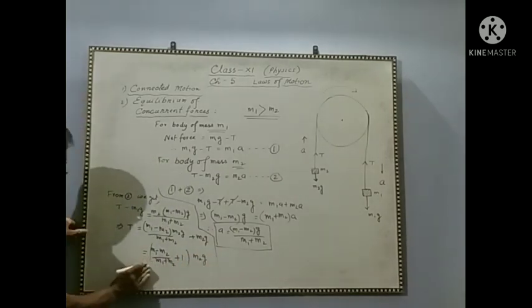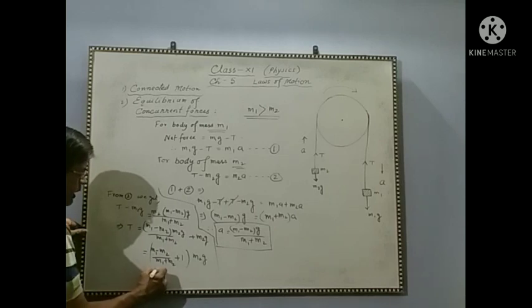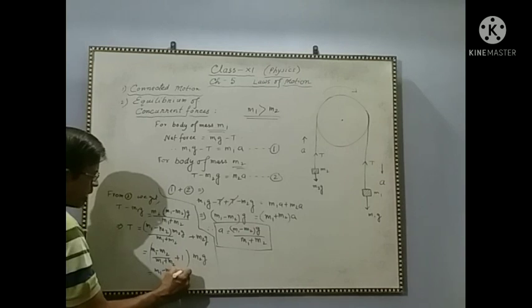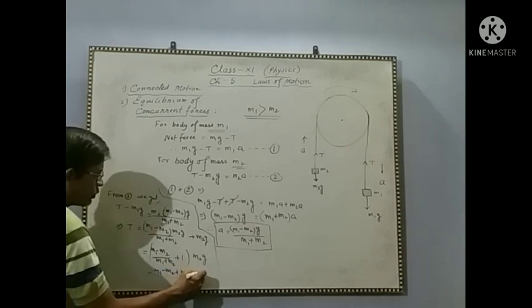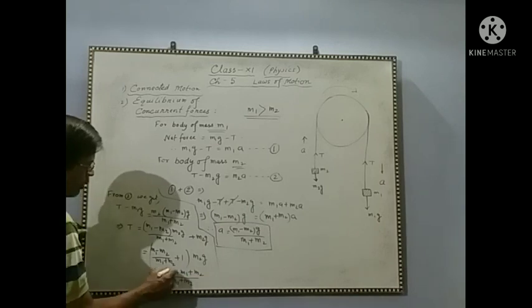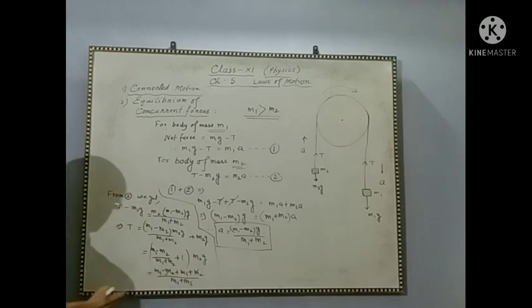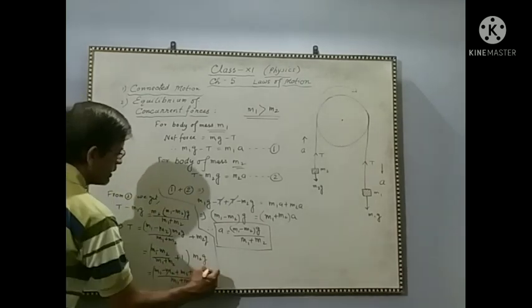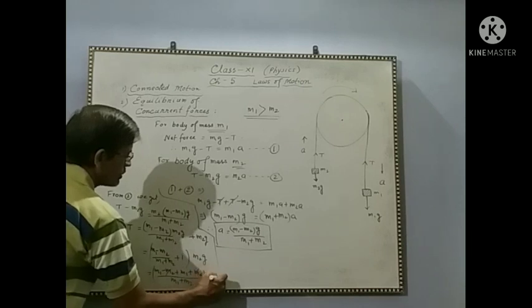Now if you simplify this, what will you get? M1 minus M2 plus M1 plus M2 by M1 plus M2. Now M2 cancels, so twice M1, and here there is M2G.